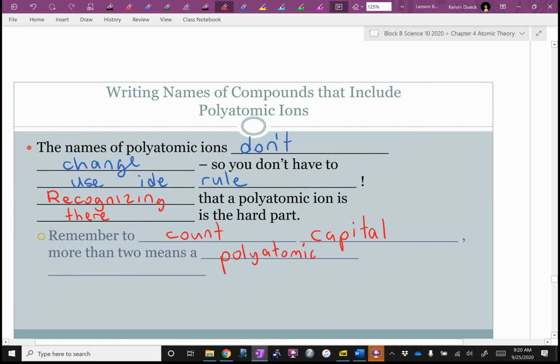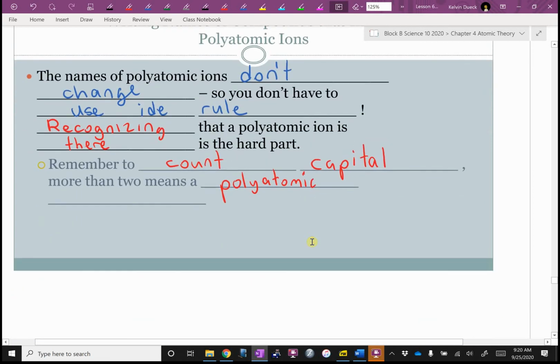So it's easier, I think, if we just do some together. Okay? So we're going to name some compounds together.